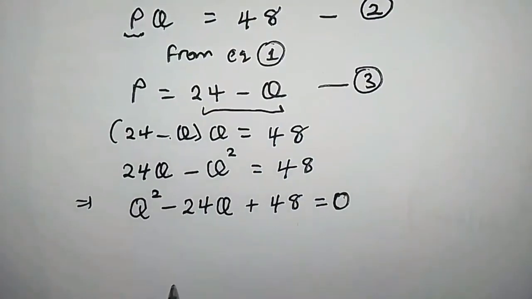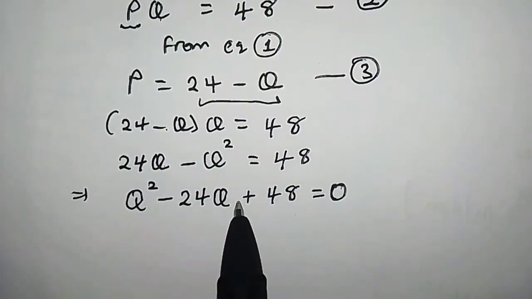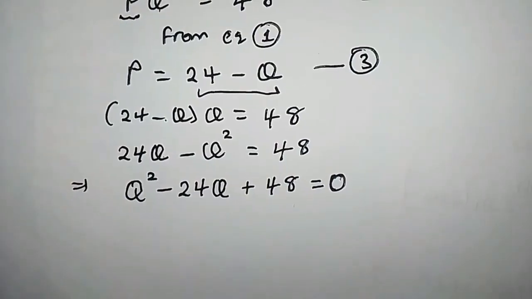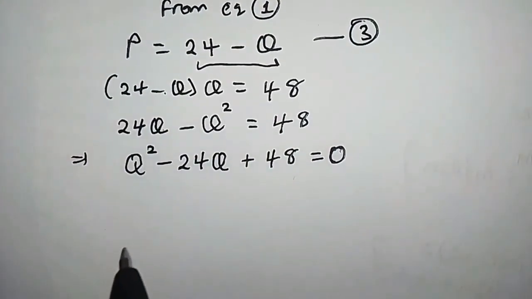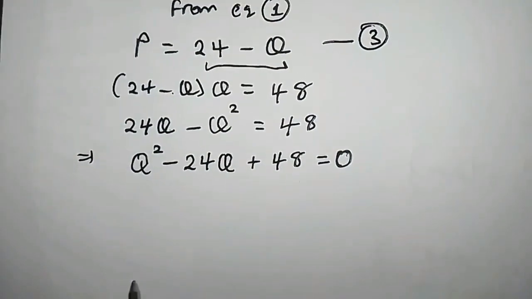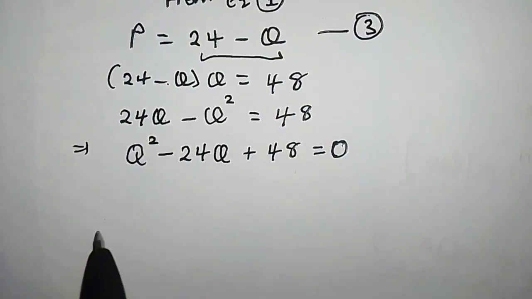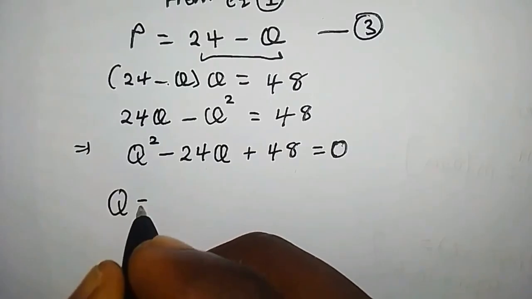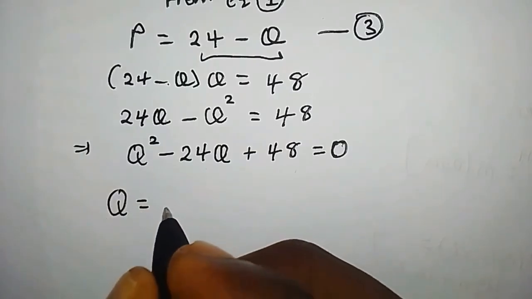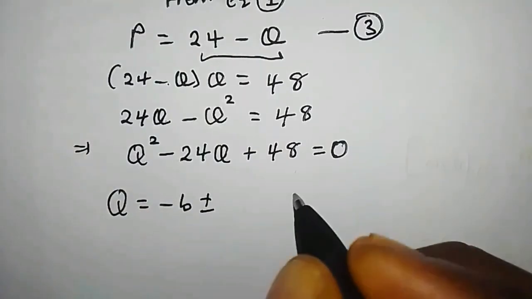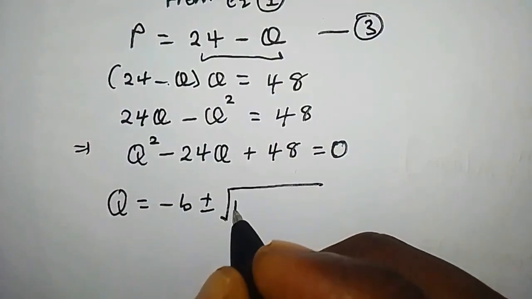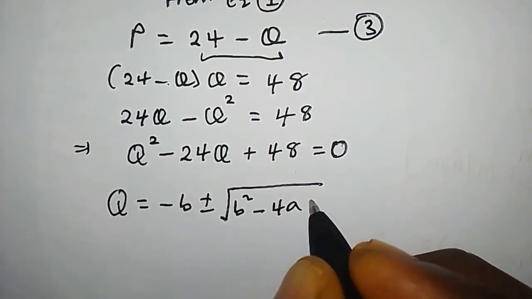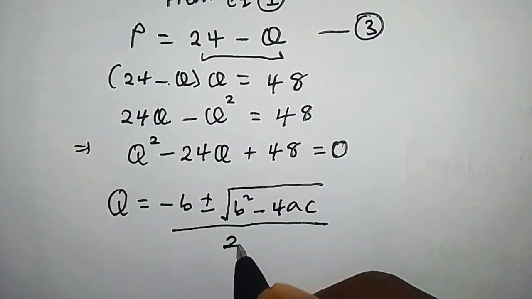Now, let us solve for Q in this quadratic equation by using the algebraic formula, which is Q equal to minus B plus or minus square root of B square minus 4AC divided by 2A.